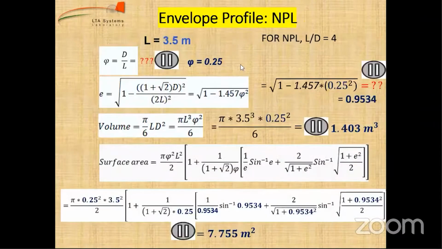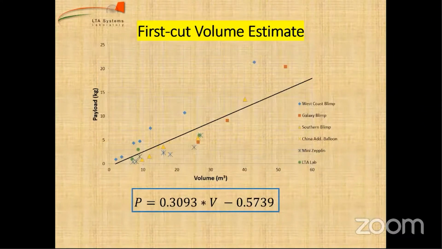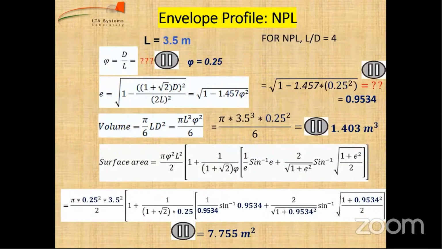Before touching this, I will ask if you have any doubt up till the last calculation, that is surface area. Sir, what do phi and E denote here? Phi is what we call the fineness ratio, and E is eccentricity. Any degree of curve has an eccentricity.